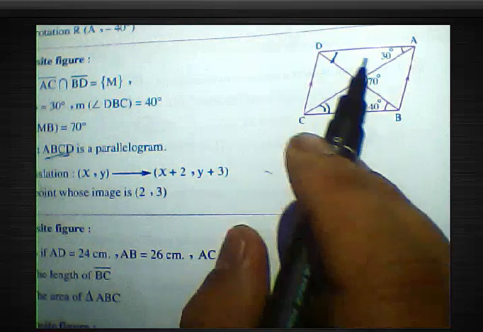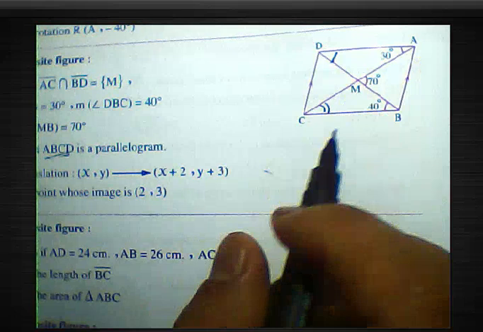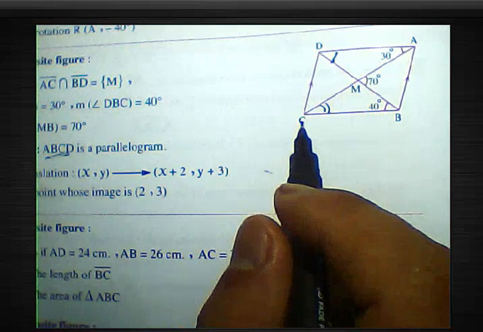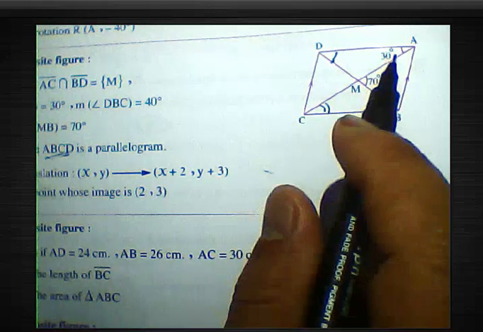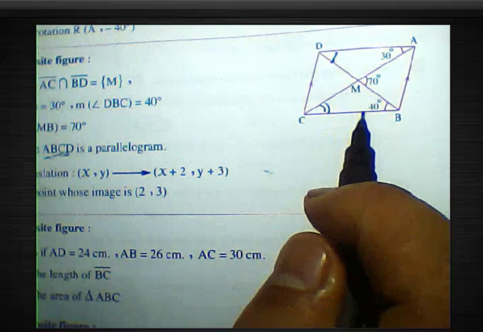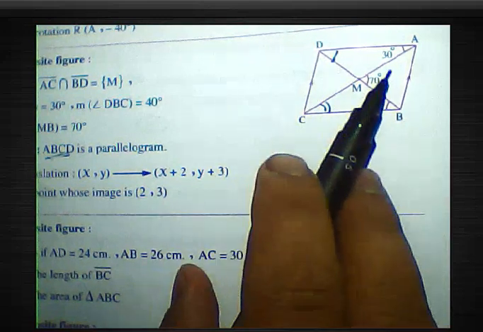To find the parallelogram, we have two sides parallel, then AC cuts them. The measure of angle C equals 30 degrees. Okay, alternate angles here.